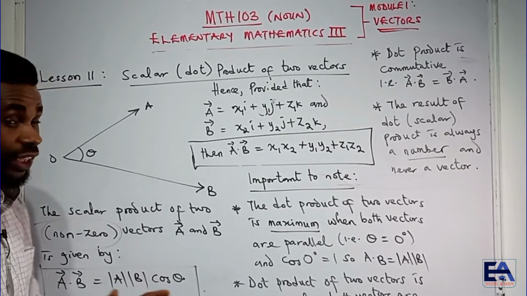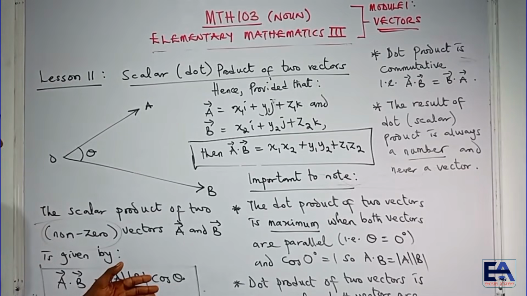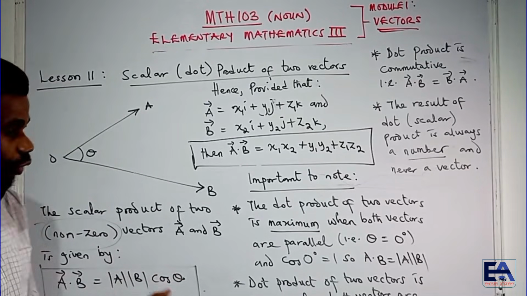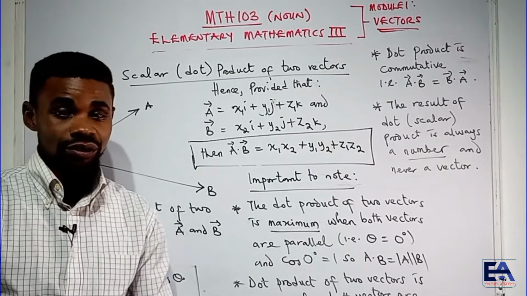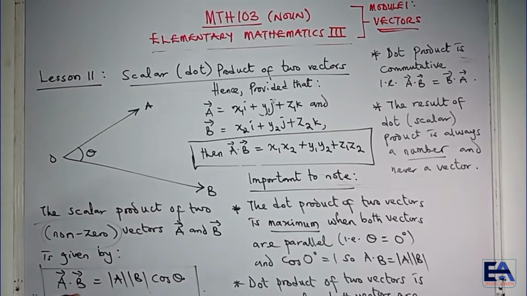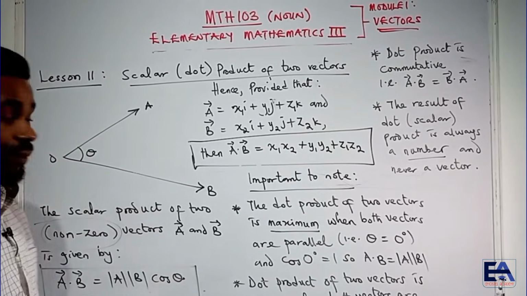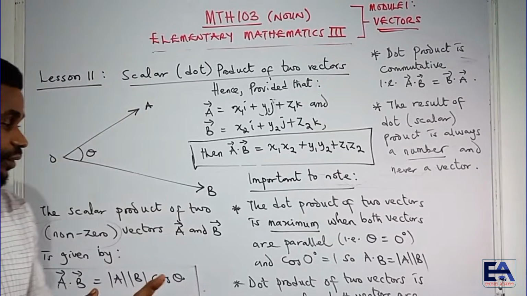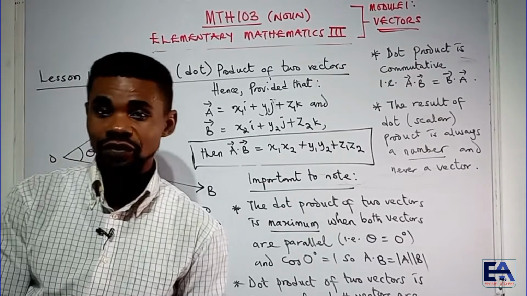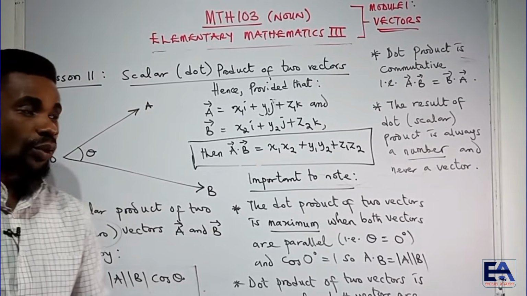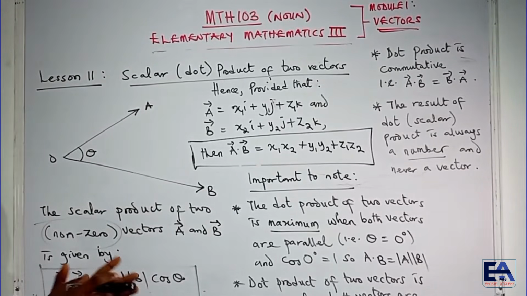Okay, but if peradventure theta happens to be a value like 60 degrees, for instance, and you press your calculator, cos 60 degrees is going to give you half, because sine 30 degrees is 0.5, and cos 60 degrees will also give you the same value.